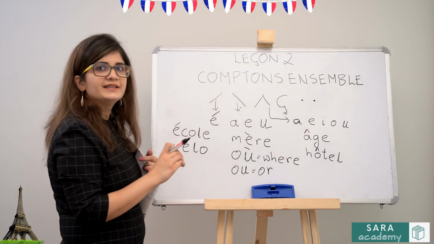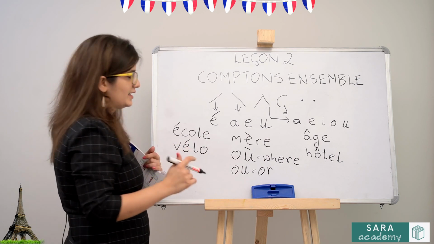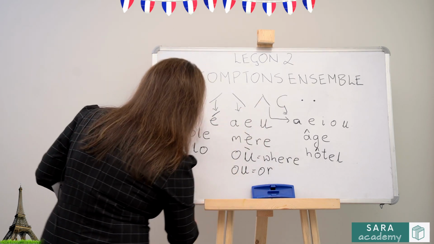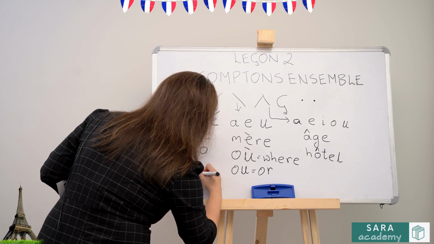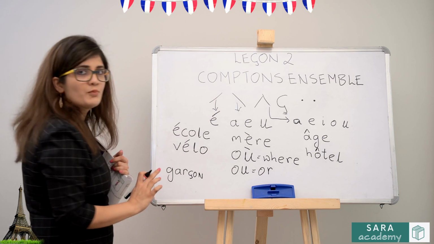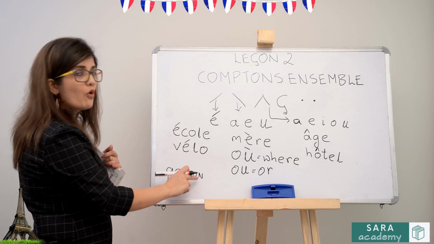The next accent that we will learn is called cédille. This comes only under C. It's called C cédille. So, for example, garçon. This means a boy in French. G-A-R-C cédille-O-N.